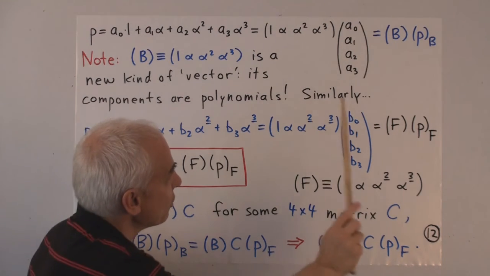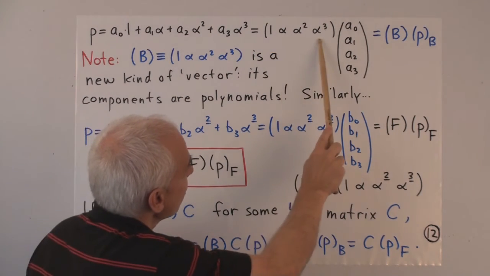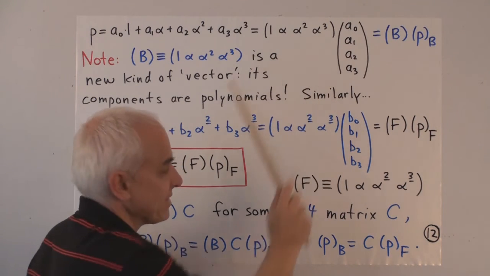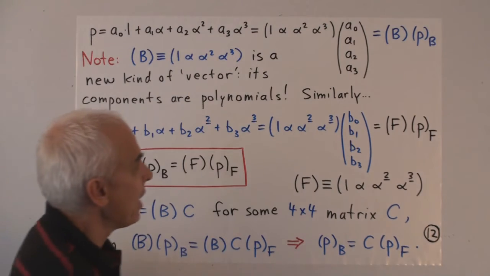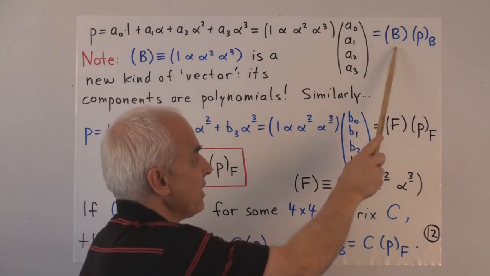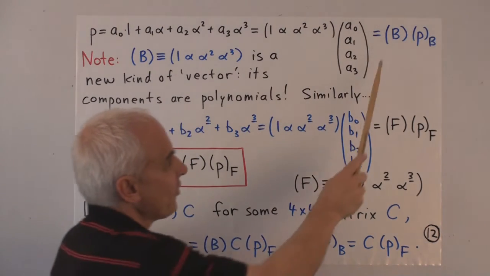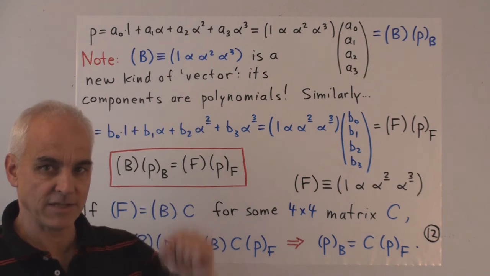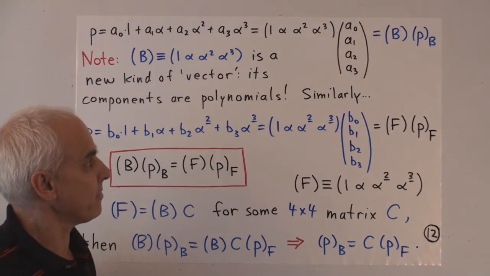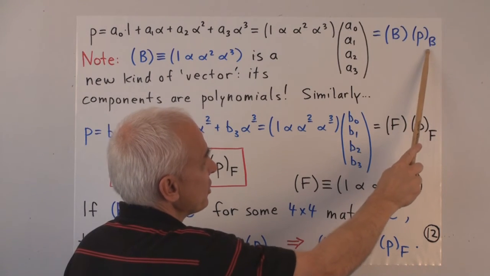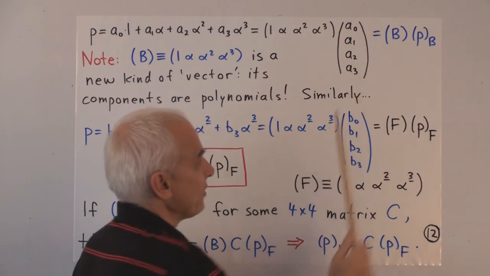So let's introduce some notation for that. Let's represent this row vector, which after all just reflects the elements in our basis, by the letter b in brackets. B is the name of the basis. So this is the vector whose four components are the four basis vectors in B. And this we've already seen. That's the coefficient vector of p with respect to the basis B.